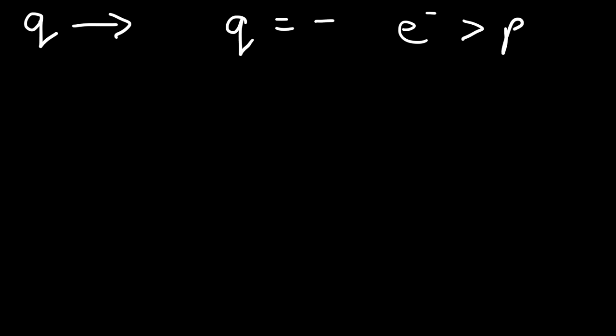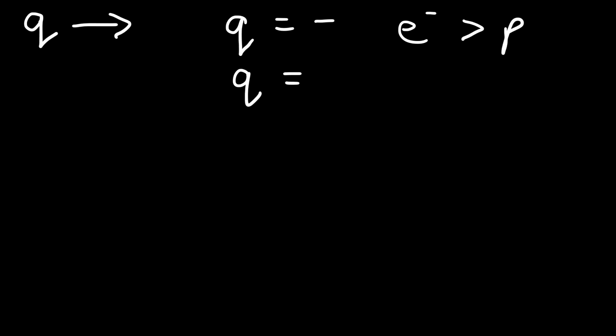Now you might be wondering what is meant by electric charge. You've heard of that term before and you have an idea of what it is, but what really is electric charge? Q, the symbol for electric charge, represents the quantity of charge. When Q is negative, what this means is that you have more electrons than protons.